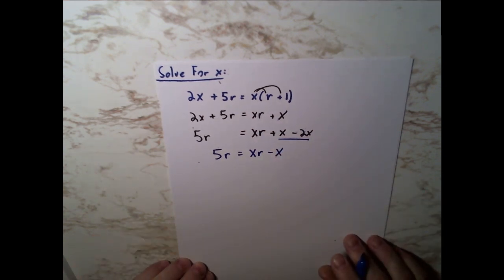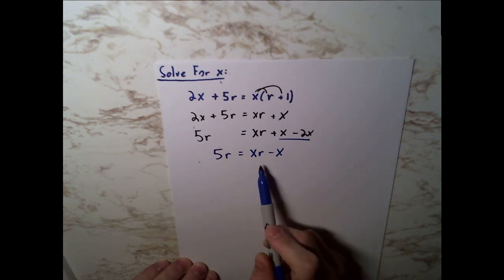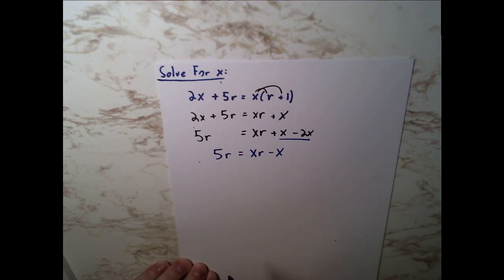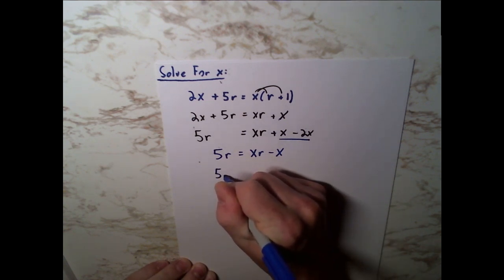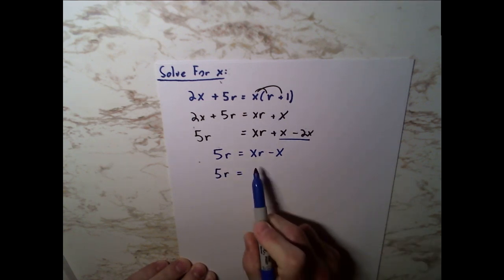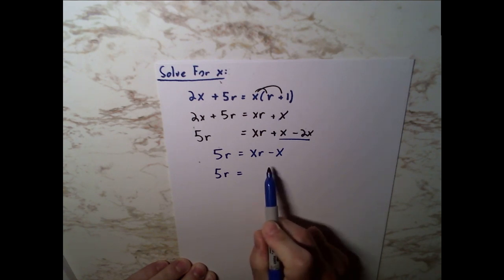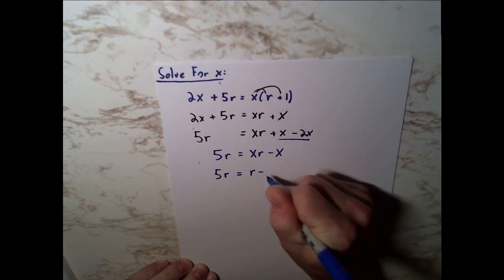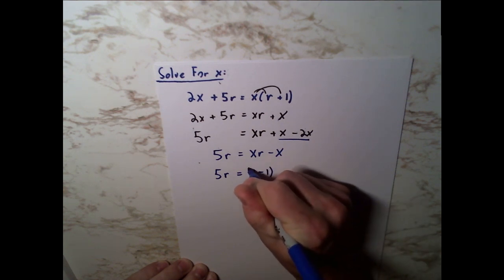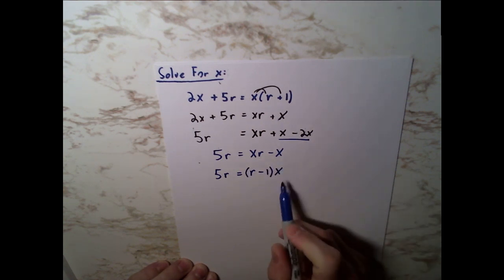Now, in order to get x all by itself, we're going to have to somehow remove it from this r. So what I'm going to do is factor out an x from this side of the equation. So what that's going to look like is this, r minus 1, and then we have an x on the outside.